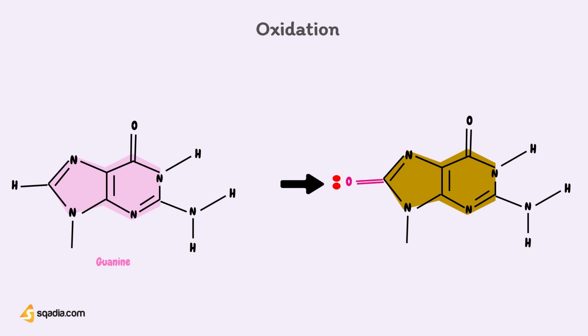All of these changes alter the information content of the deoxyribonucleic acid molecule permanently. Moving to deoxyribonucleic acid polymerase's proofreading function.